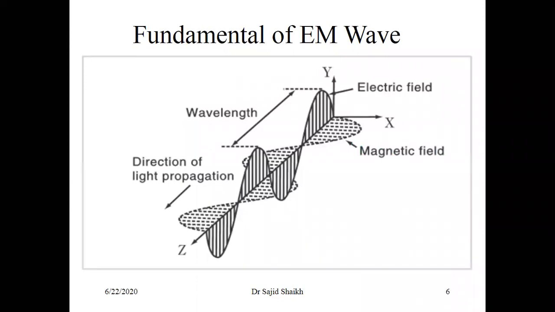But when we correlate the electric field with the magnetic field, one important factor is that the electric field is perpendicular to the magnetic field. How this electric field will be calculated, or how much energy there is in the magnetic field, we will see afterwards.